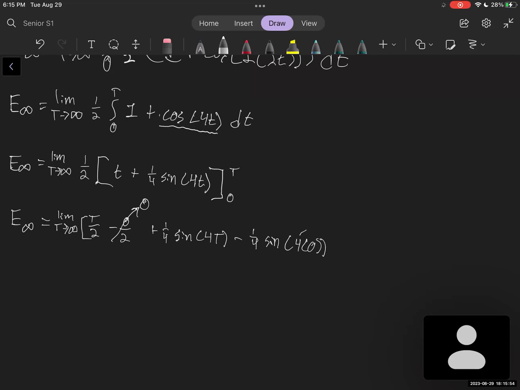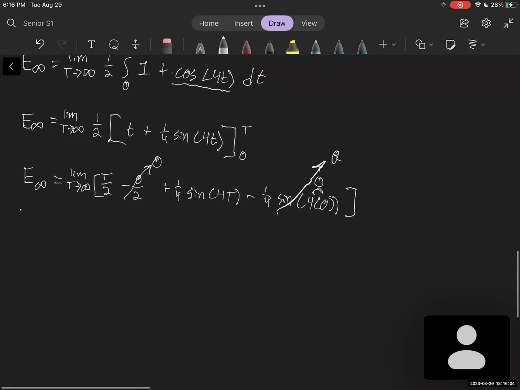Now, because this is 4 times 0, this is going to be equal to 0, and sine of 0 is 0. We can go ahead and cross this out as well. And that's going to leave us with the limit as t approaches infinity of t over 2 plus 1/4 sine of 4t.